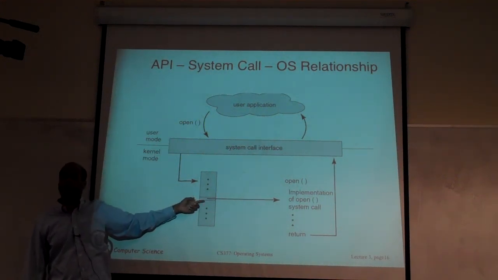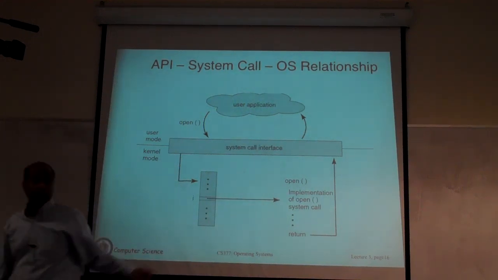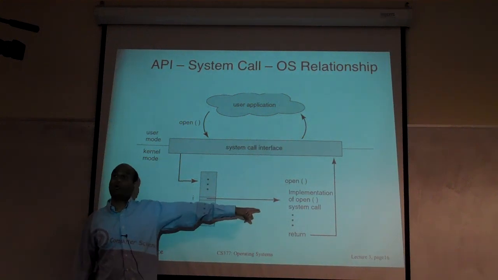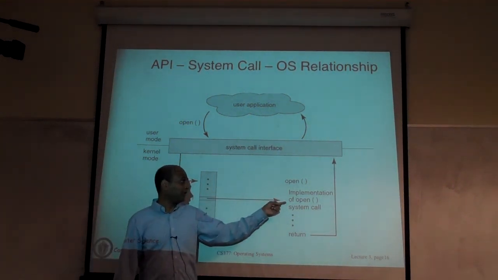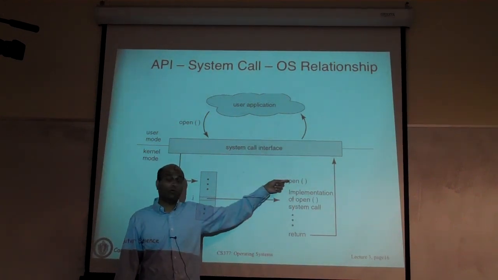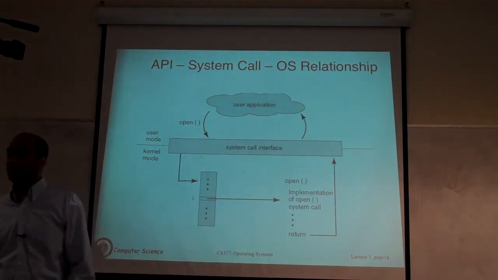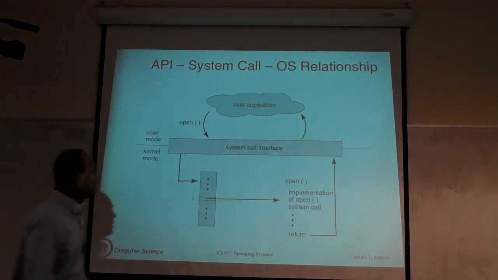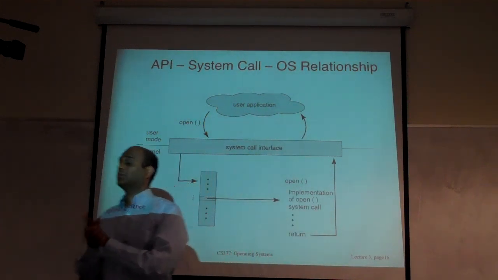You look at this table saying where in the kernel is the code for this system call. And this table will have a pointer, a function pointer. So you reference that function pointer and say this is the place in the kernel where the open system call is implemented. So you go and execute that call, and then you do whatever the user has asked you to do, and then the results are returned back to the user. Next question.